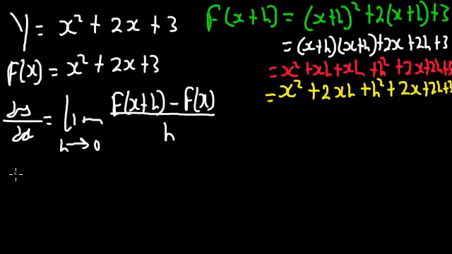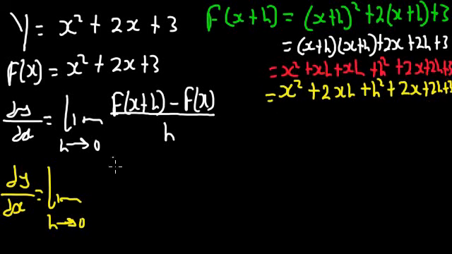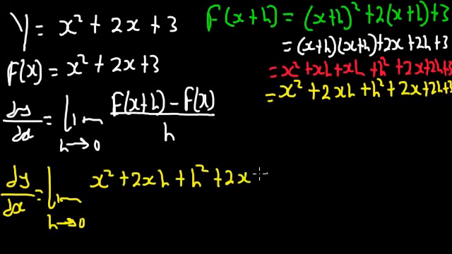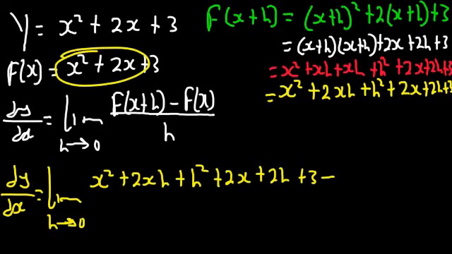So therefore we now have dy/dx to be equal to the limit as h approaches 0 of f of x plus h, which is this entire expression right here. So that's x squared plus 2xh plus h squared, then plus 2x plus 2h, then plus 3, then minus f of x.